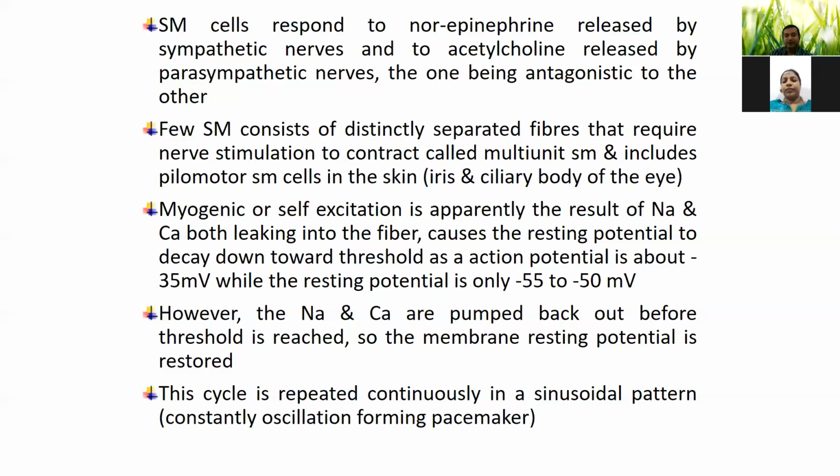So if we talk about the self-excitation or the contraction of muscles that persists within the muscles, that is due to the ionic exchange of sodium and calcium. When the sodium and calcium come to the fiber region, they cause the resting potential to decay towards the threshold position.